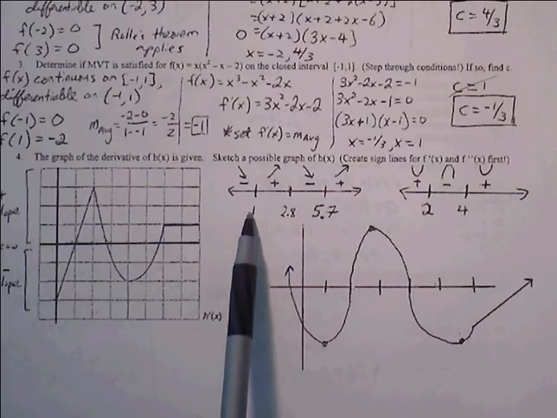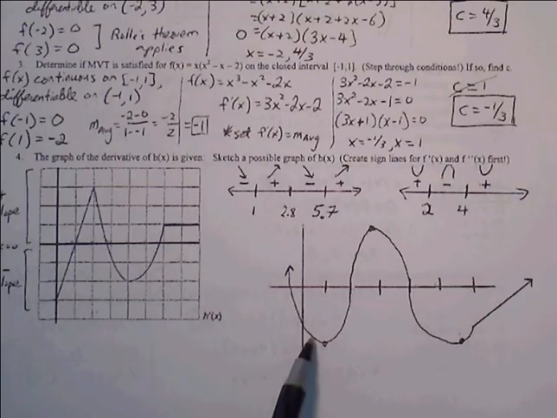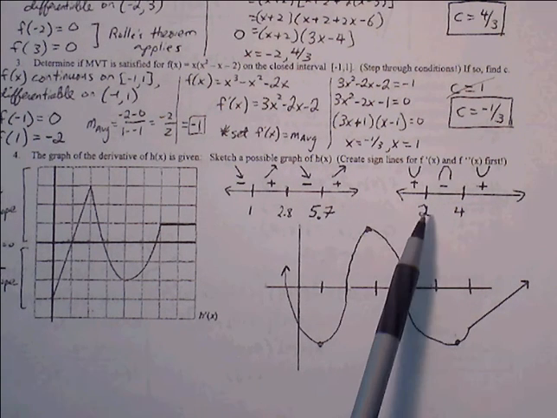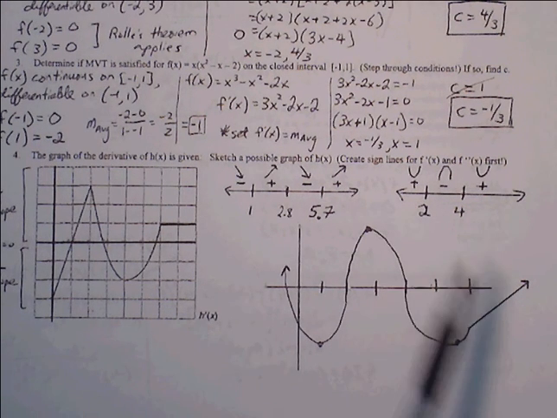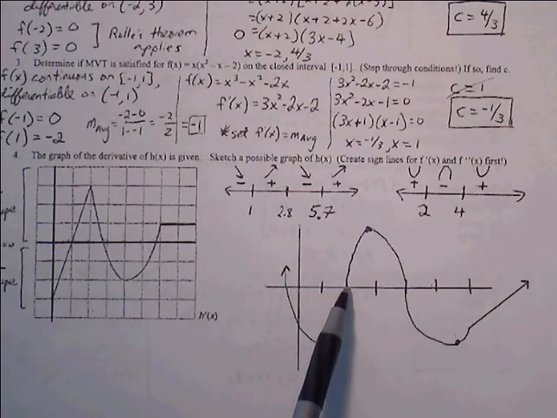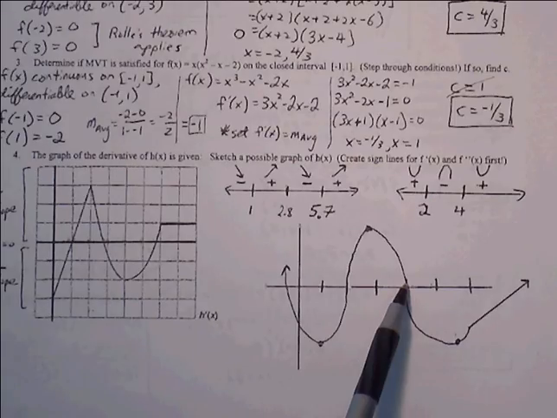We know we want a relative min at 1, so I'll just choose a point below the x-axis. 2.8 will be a relative max. 5.7 is going to be a relative min. And then from there, I'm going to just connect the points. Also knowing that somewhere at an x value of 2, I want there to be a change in concavity, and somewhere at 4 a change in concavity.